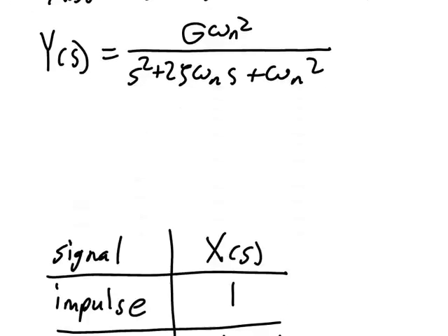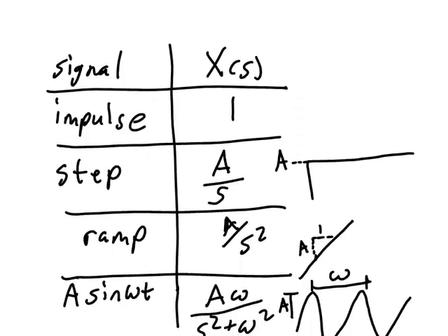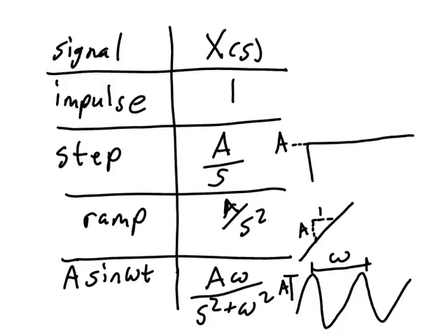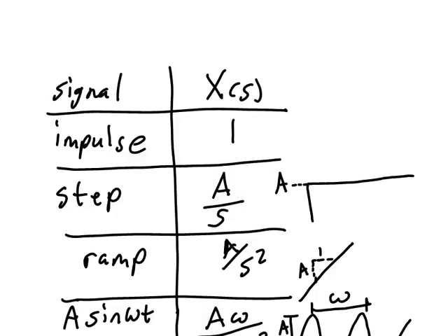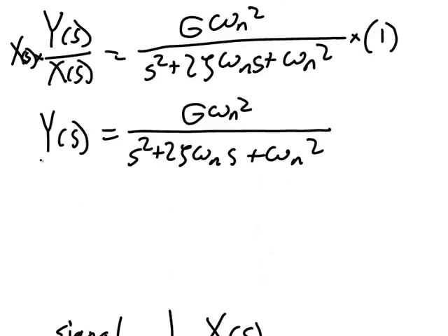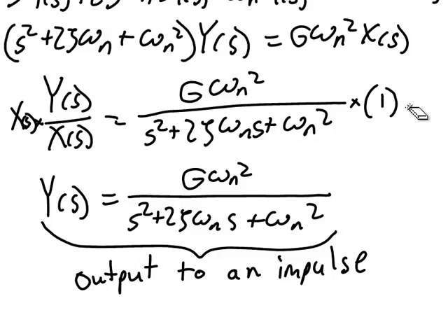Now, what if we wanted to apply a step input instead? In order to find the output for a step input, instead of multiplying the right-hand side of the equation by 1 for the impulse, we would multiply the right-hand side of the equation by a over s for the step. So this term that we just found tells us the output to an impulse. For the step input, we would instead multiply this by a over s.